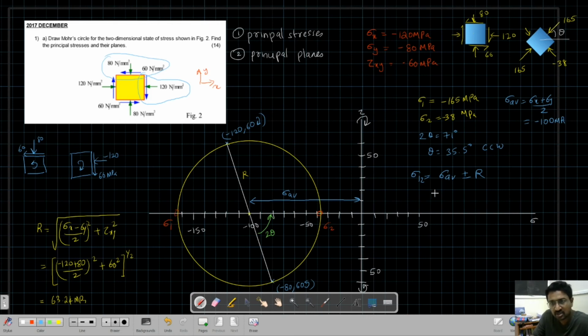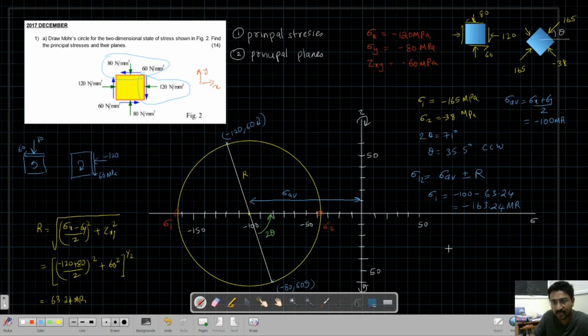So this gives me sigma 1 as minus 100 minus 63.24, so that is minus 163.24 MPa. So it's very close. We have minus 165 here. The analytical answer is minus 163.24.